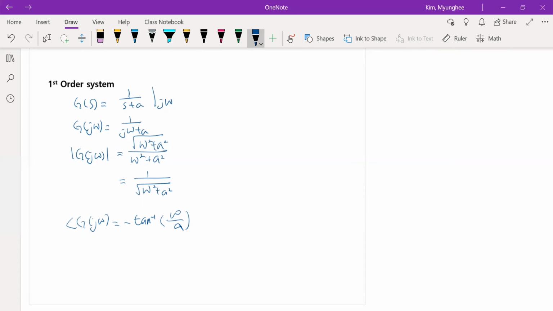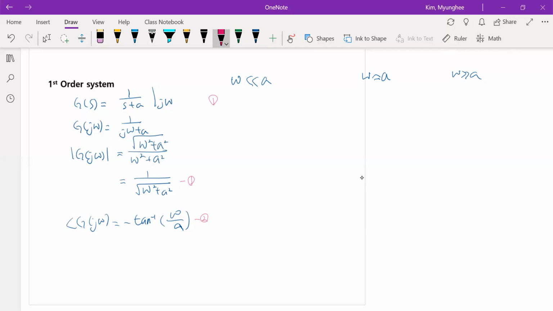So what can you get from here? From the magnitude, let's look at when omega is very, very much smaller than a first, when omega is almost the same as a, and when omega is larger than a. When omega is very small compared to a, then from the magnitude equation, equation 1, the omega part is almost negligible.